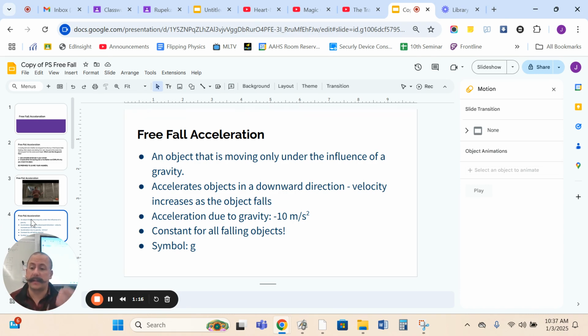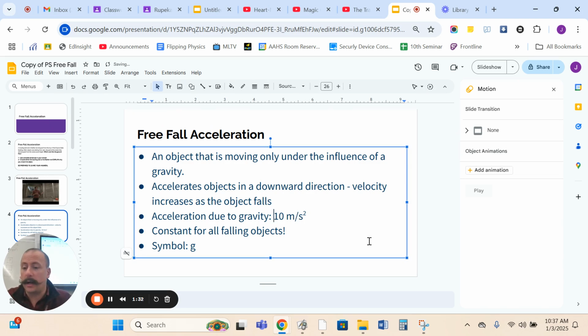And since it's accelerating, it's constantly changing its speed, or maybe even its direction, depending on which way it happens to be moving at the start. The acceleration of gravity is always 10 meters per second squared here on Earth.